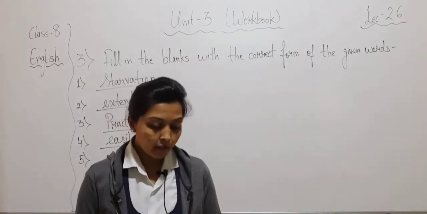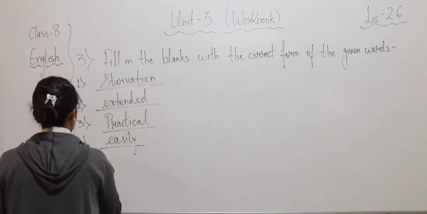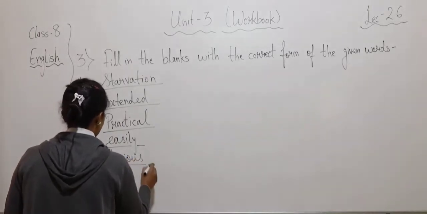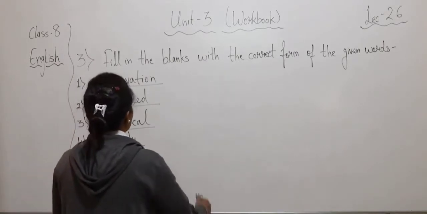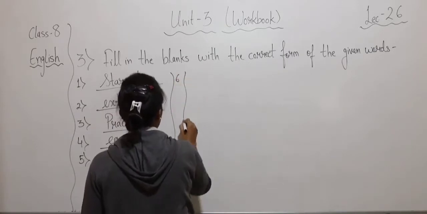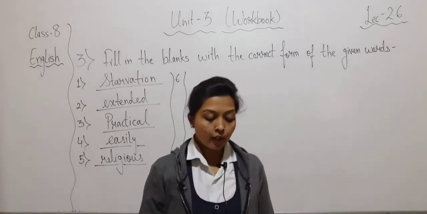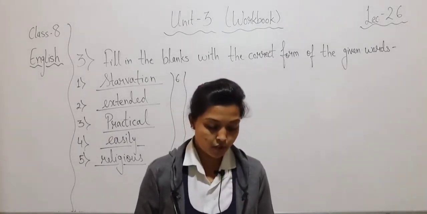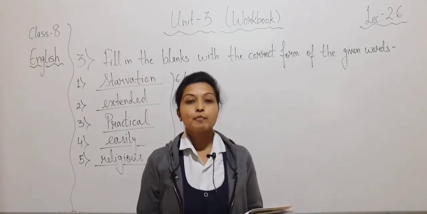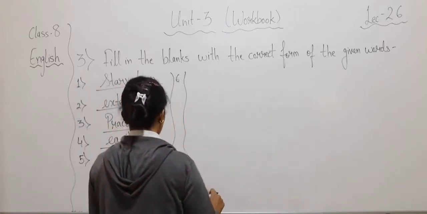So many religious leaders preached against untouchability. Then next 6. An Englishman dash Macaulay suggested a change. In the bracket name is given. An Englishman named Macaulay suggested a change.